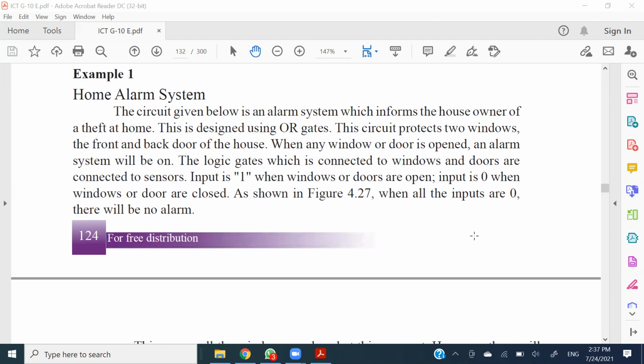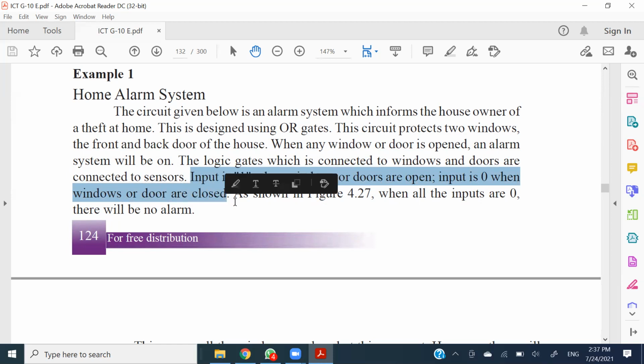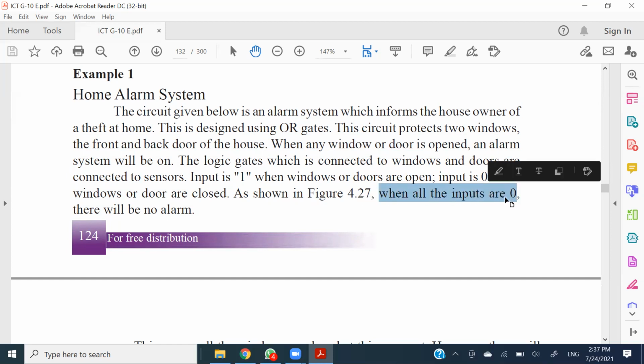And here in the scenario, they have illustrated: input is 1 when window or door are open. Input is 0 when window or door are closed. And here it says when all the inputs are 0, there will be no alarm.